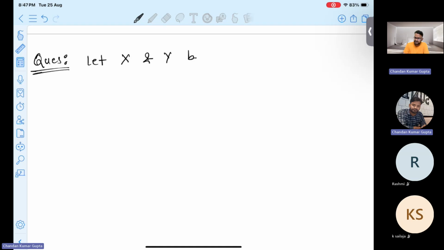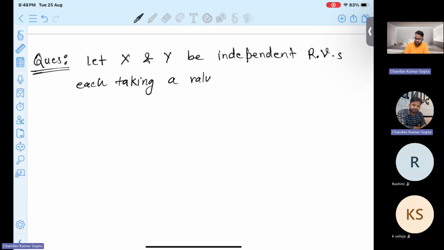Let X and Y be independent random variables, each taking the values -1 or +1 with probability 1/2.